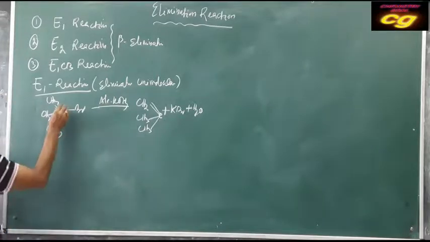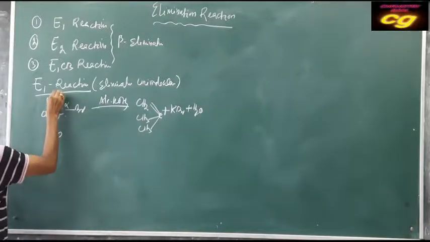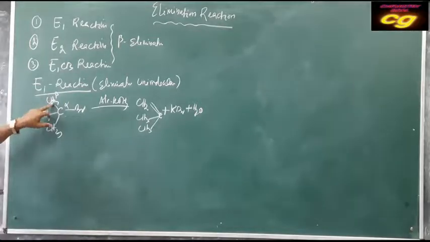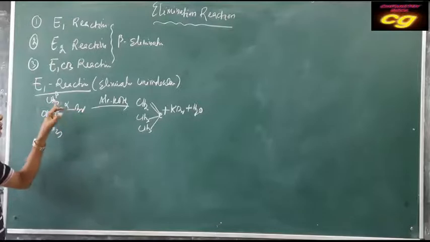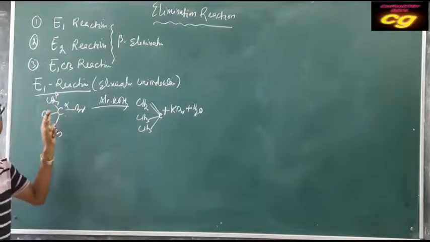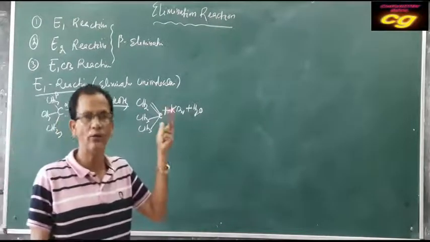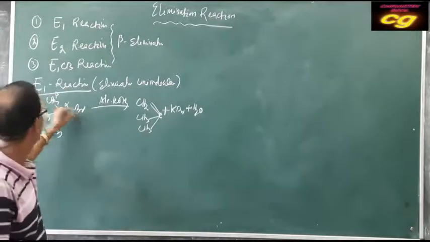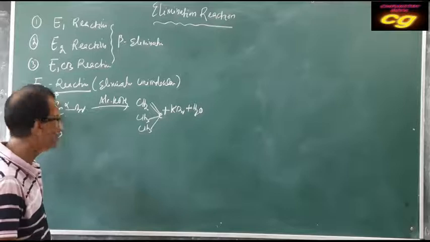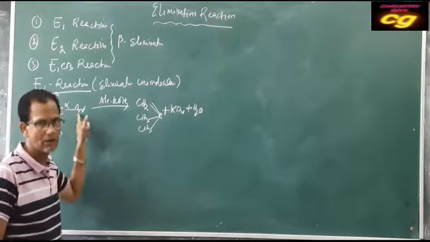This carbon is the alpha and this is the beta. From the beta carbon one hydrogen is removed, and from the alpha carbon the halogen is removed. So it is also called dehydrohalogenation: loss of hydrogen from the beta carbon and halogen from the alpha carbon.